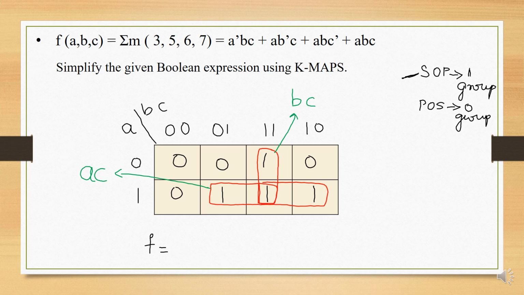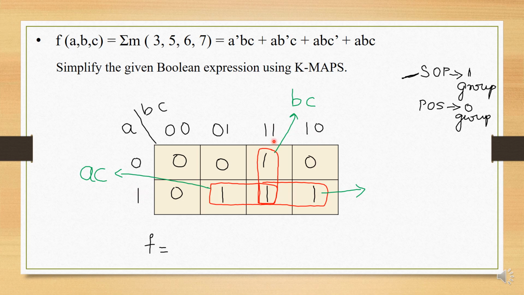Next, we will write a product term for the next pair as shown here. This pair is occupied by this row and also these two columns. Let us now write the product term. Considering the row, we have a constant value of 1 with respect to A, so the product term will have A. Let's go for the columns.